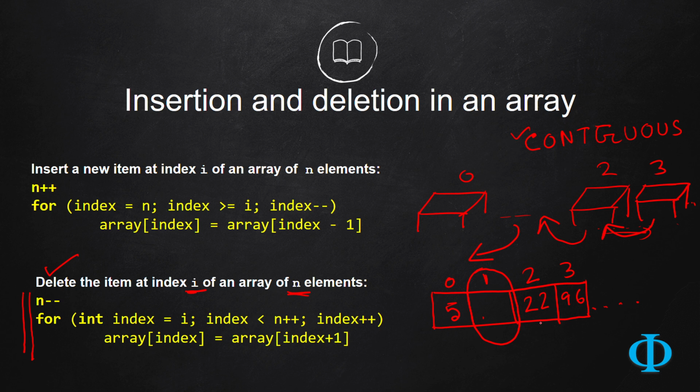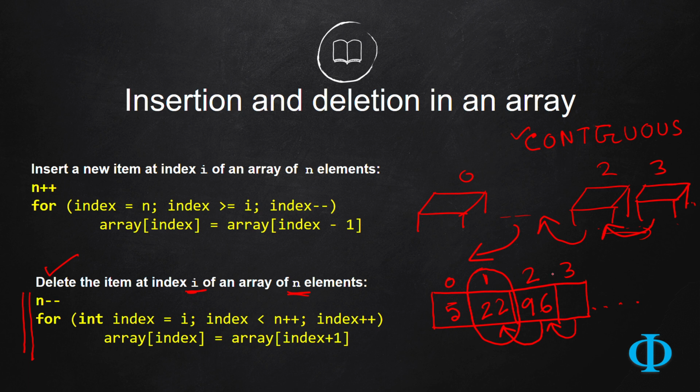That means 22 should be moved one place left, so instead of here, it will come here now. After that, 96 should also be moved one place left, that means instead of here, 96 should be in here.